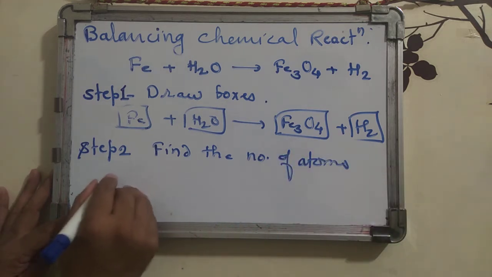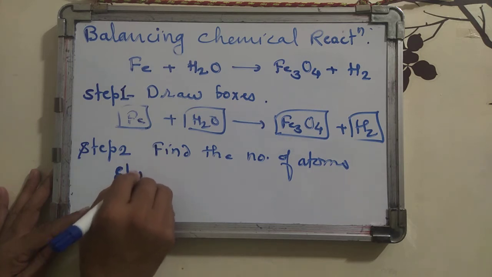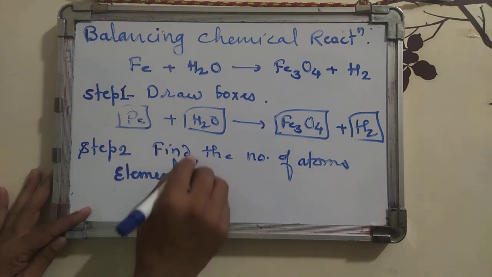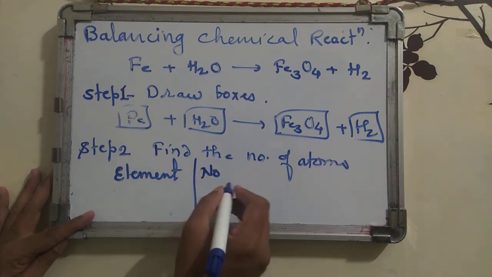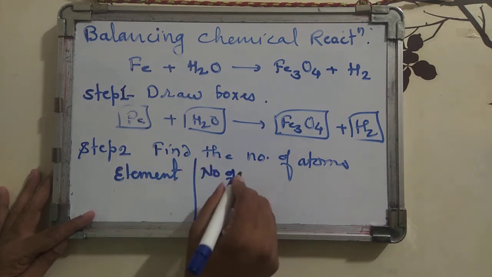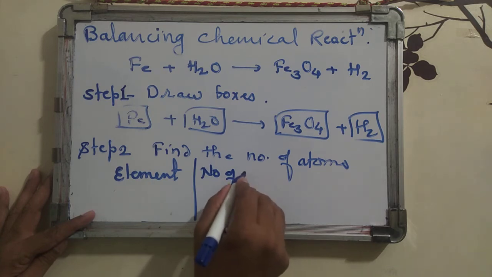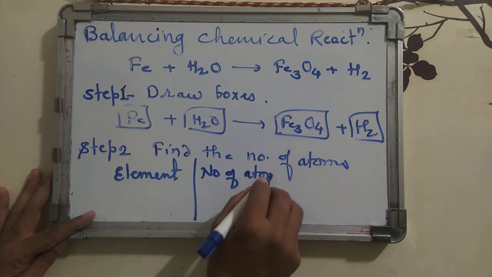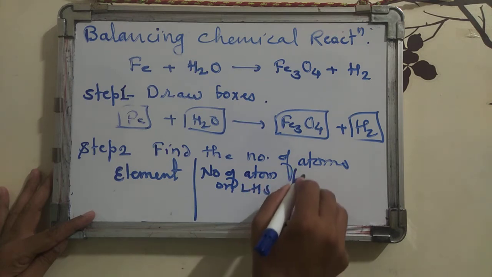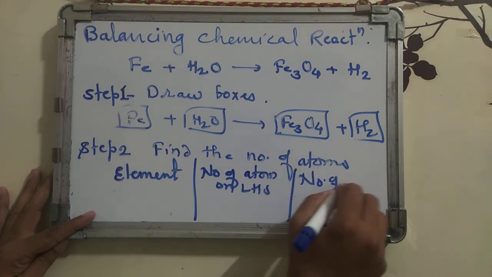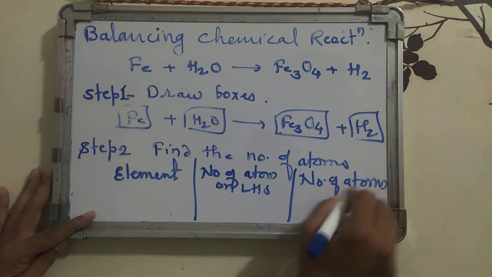Let's see, create a box, write down the name of the element, then write the number of atoms on the left hand side and the number of atoms on the right hand side.